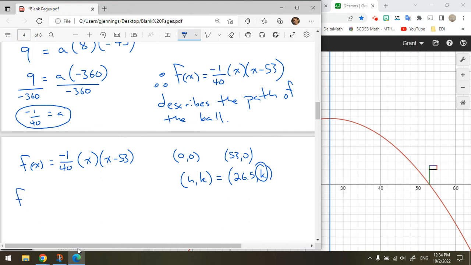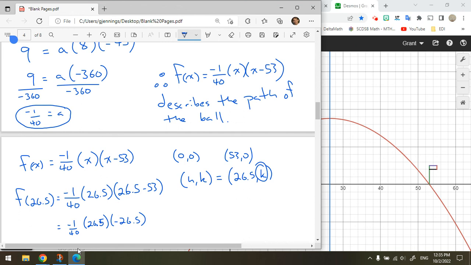Let's just input it. f(26.5) is equal to negative 1 over 40 multiplied by 26.5 multiplied by (26.5 - 53). 26.5 minus 53 happens to be negative 26.5. So this is equal to negative 1 over 40 multiplied by 26.5 multiplied by negative 26.5.